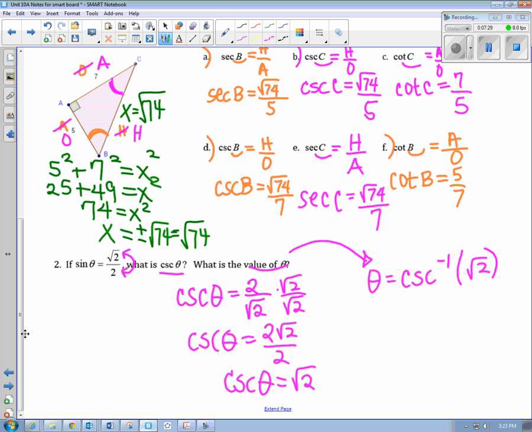Because our calculator does not have a cosecant button on it, the way that I generally look at this is I convert it back into a sine equation because I can use that on the calculator, which means I'm looking for sine inverse, and I'm going to go back to the original sine value, radical 2 over 2. And when I type that in on the calculator, that second sine, radical 2 over 2, I find out theta is equal to 45 degrees.